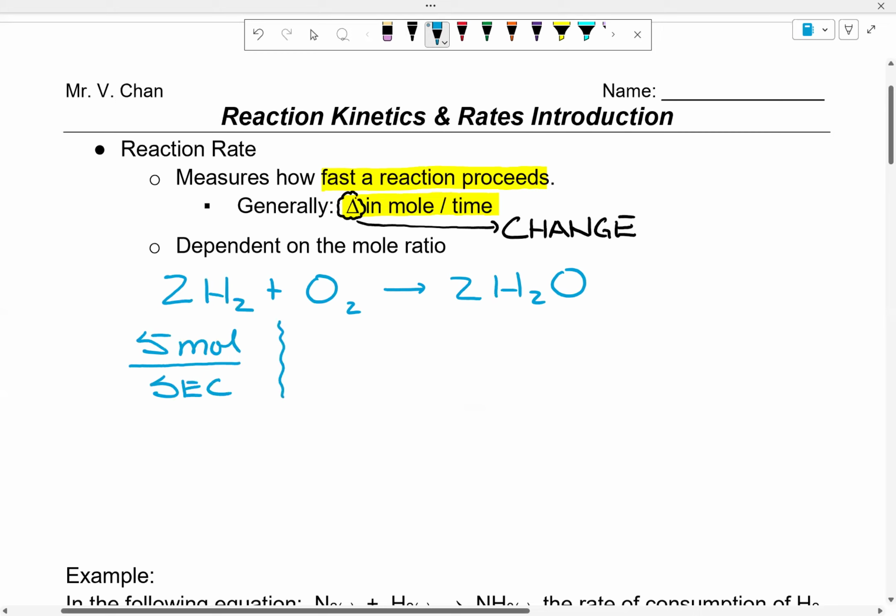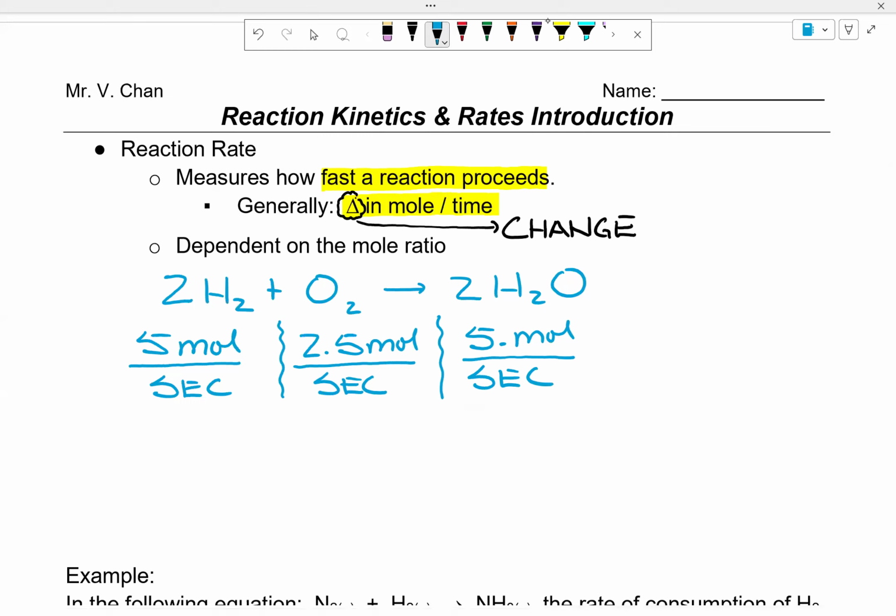The amount of oxygen here would be 2.5 moles per second. And for the amount of product H2O, this would be 5 moles per second. The reason you have 5 to 2.5 to 5 is all based upon the mole ratio. Here I have 2 to 1 to 2, so my ratio is 5 to 2.5 to 5, and 2.5 is exactly 1/2 of 5.